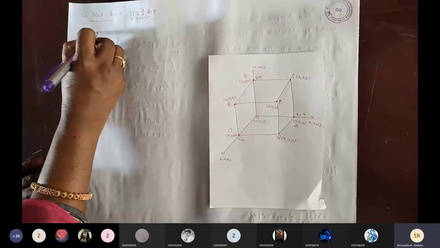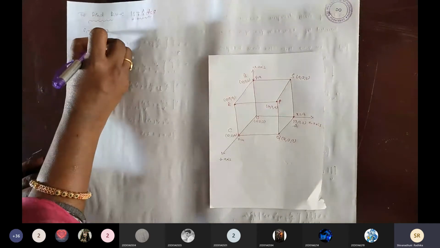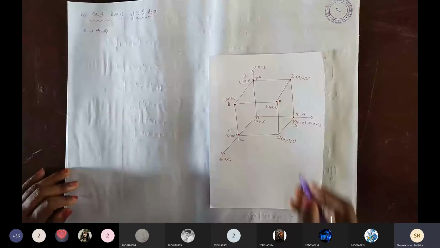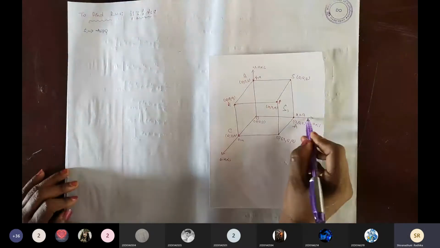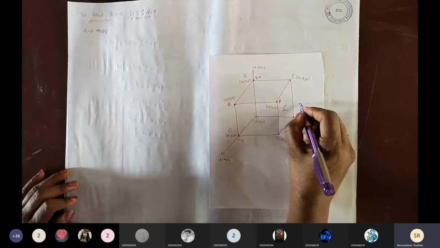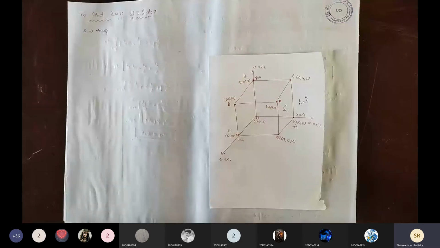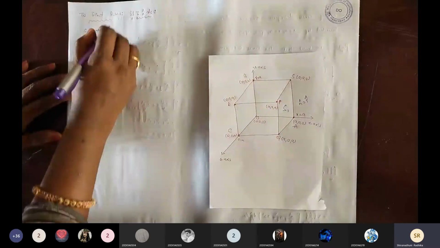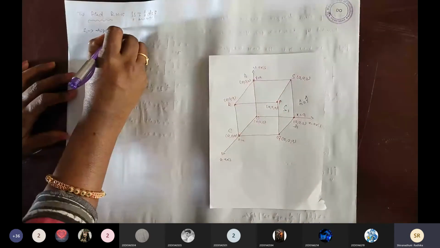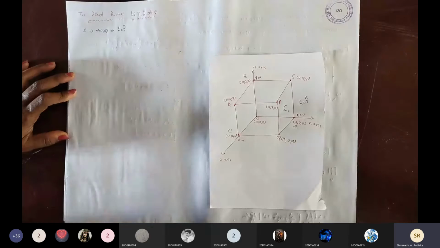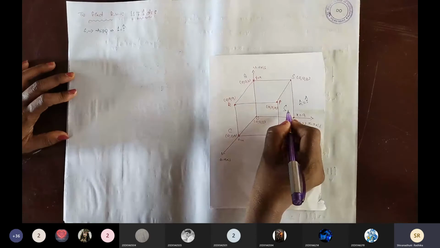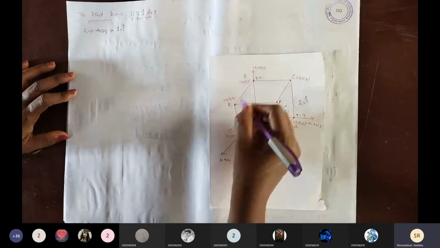S1 surface is ASPQ. The S1 surface is perpendicular to the x-axis. In this direction, n cap equals i cap. That is the unit outward drawn normal vector. So that n cap equals i cap. And S1 projection is OBRC.